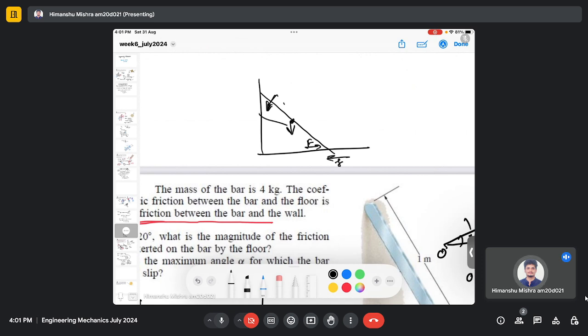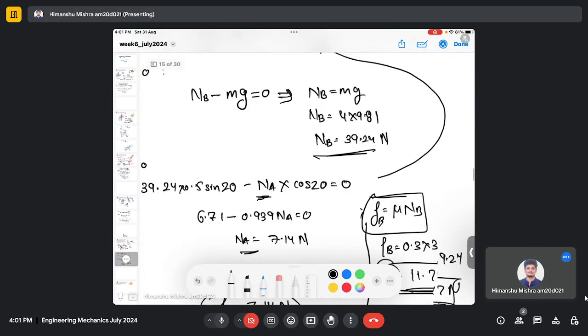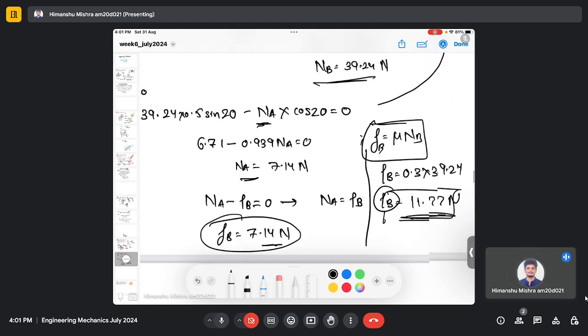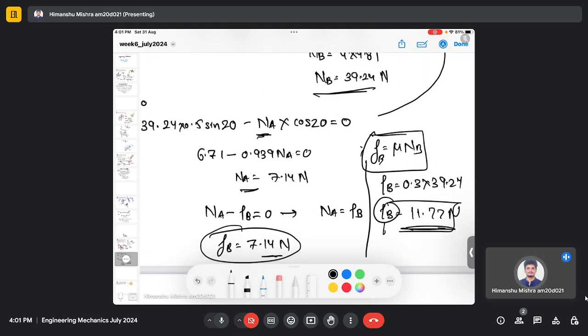It starts falling downward. But the friction force we have is 7.14 Newton, which means it has not crossed the maximum friction, and which means the bar remains stationary.